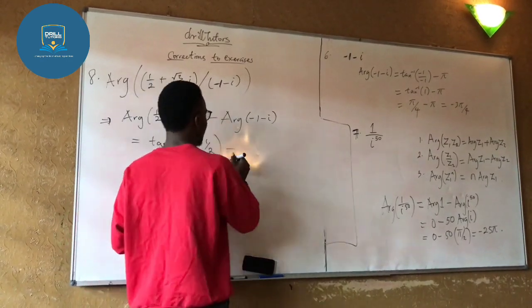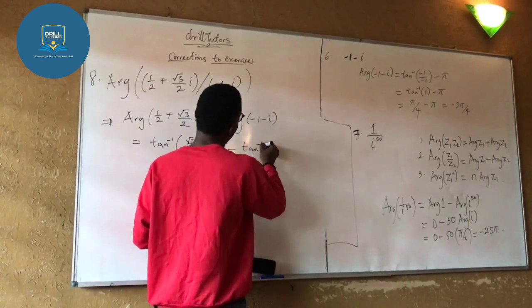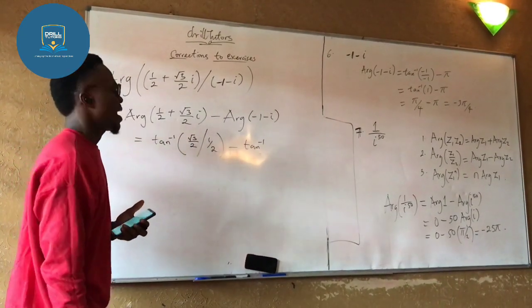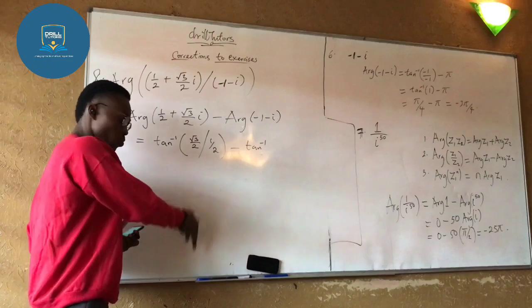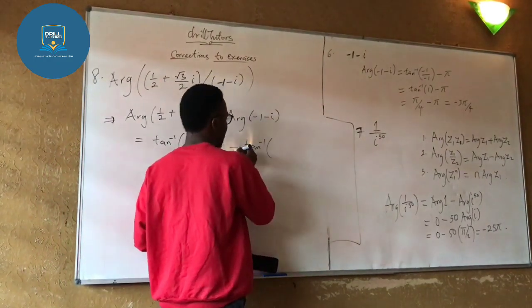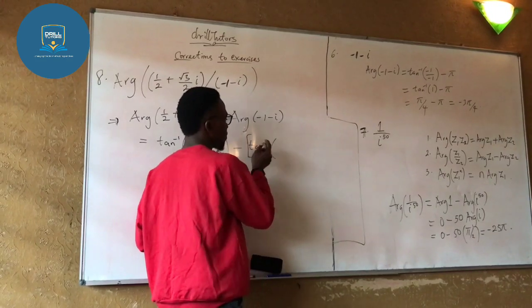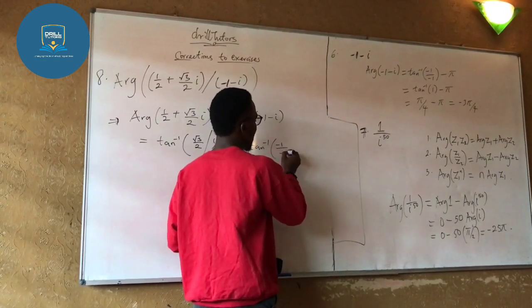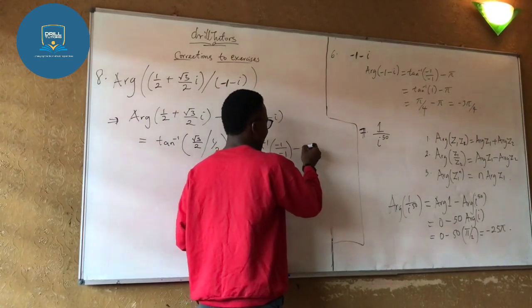Then minus tan inverse. At this very point, a is less than 0 and b is also less than 0, which is the third quadrant, and that is simply tan inverse of b over a, which is minus 1 over minus 1, minus pi.